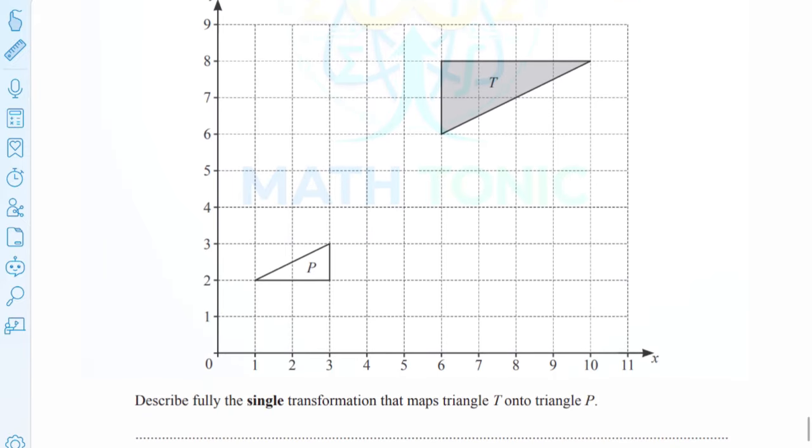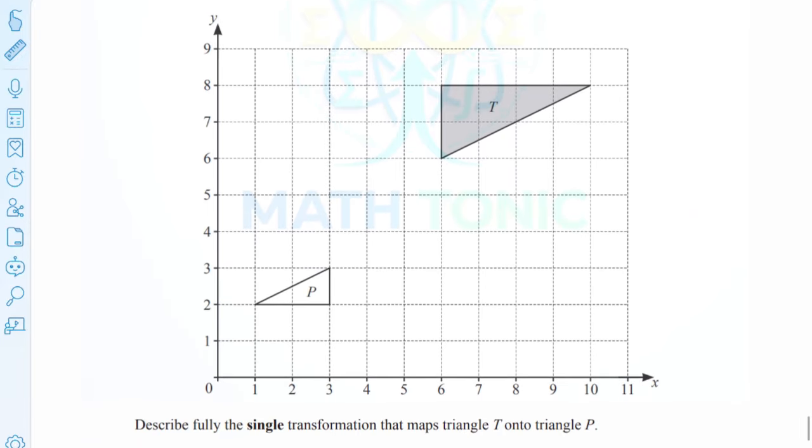Next part is given, find out the single transformation. Okay, single transformation. First of all, you understand, if I find the points, for example, if this one is A, this one is B, this one is C, detect which points are the corresponding points. I think this is A dash and this is B dash, right?